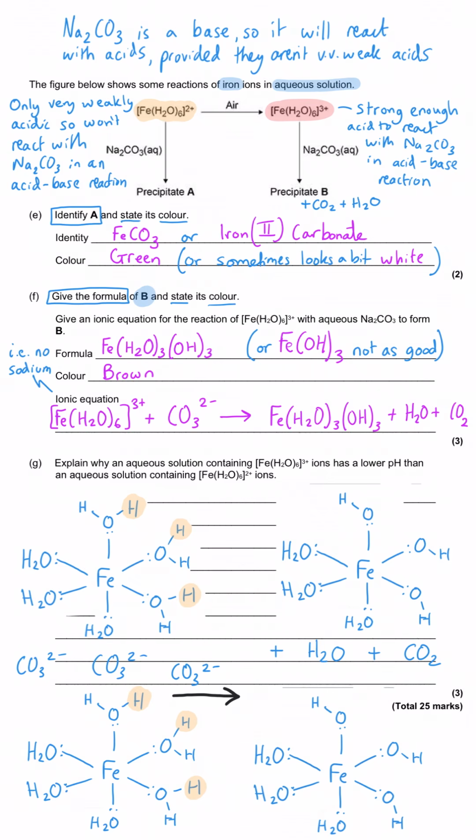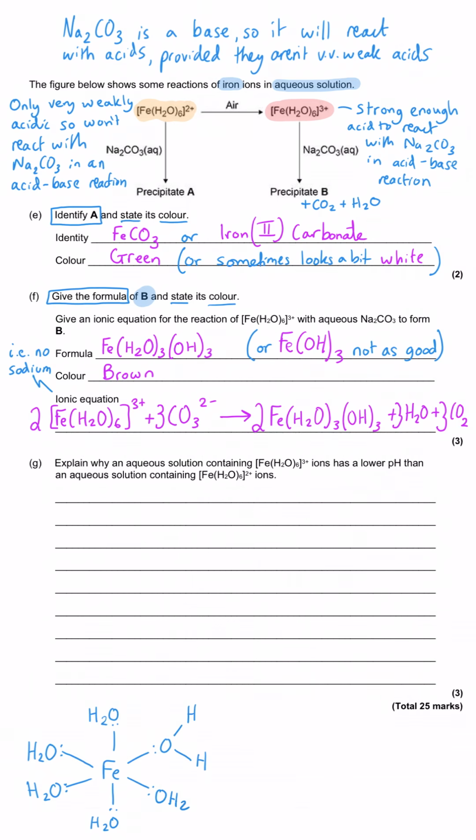Those would be gained by the 3 carbonates, and so therefore we need to have a 2 and a 3 for our reactants, which means we need a 2 for our iron complex, and we're going to make, for each 3 of those carbonates, 3 water and 3 carbon dioxide. And you could have multiples of this if you'd overbalanced it, but it needs to be 2, 3, 2, 3, 3, or some direct integer multiple of that.